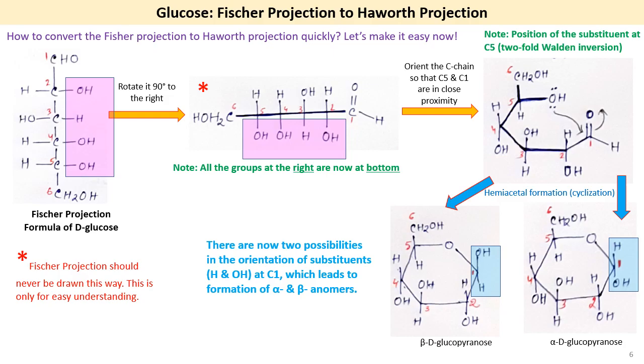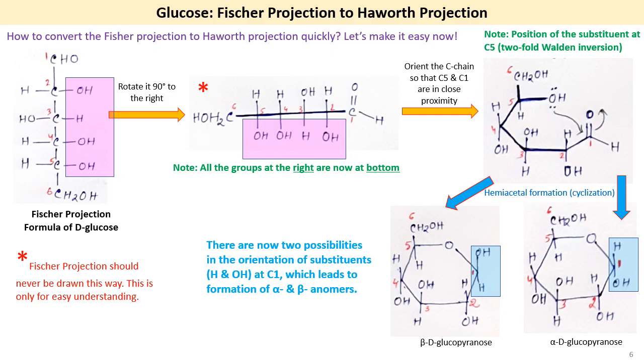So if this is the alpha form, OH at the bottom, OH at the bottom, H at the bottom, and OH at the bottom.